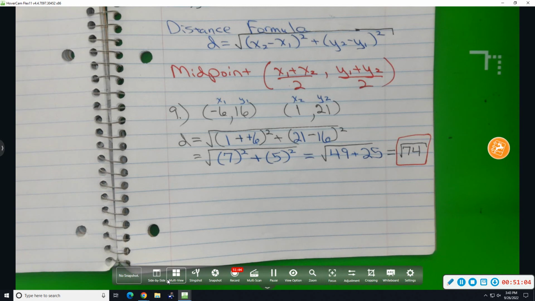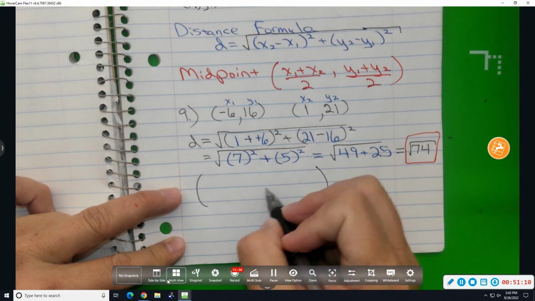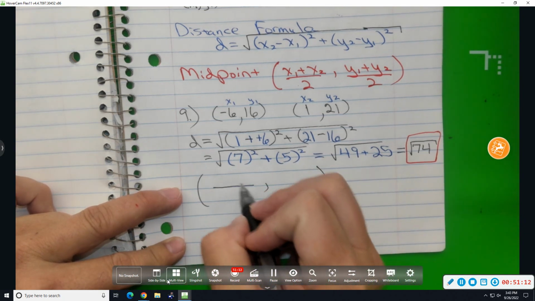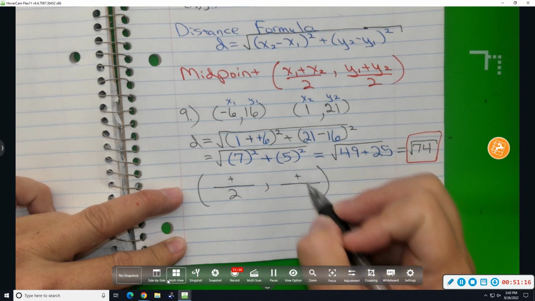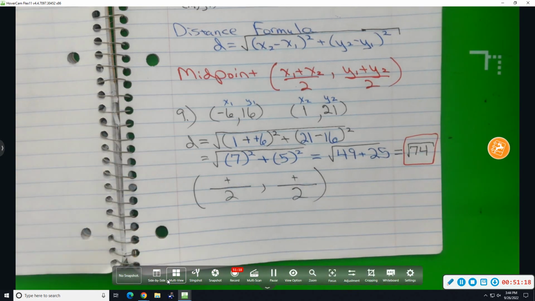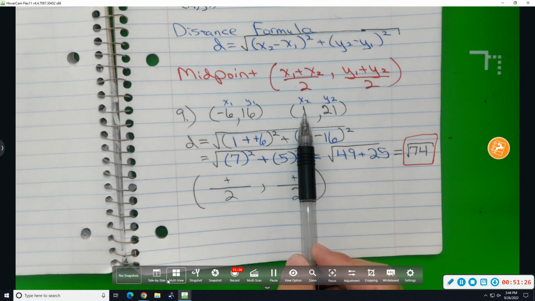And now they want the midpoint. It's an ordered pair. Remember, you average the x-coordinates and you average the y-coordinates. You're trying to ask yourself, on the x-axis, what number is midway between -6 and +1?